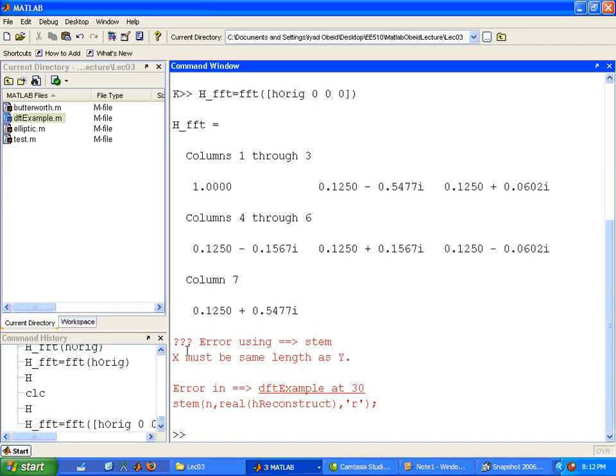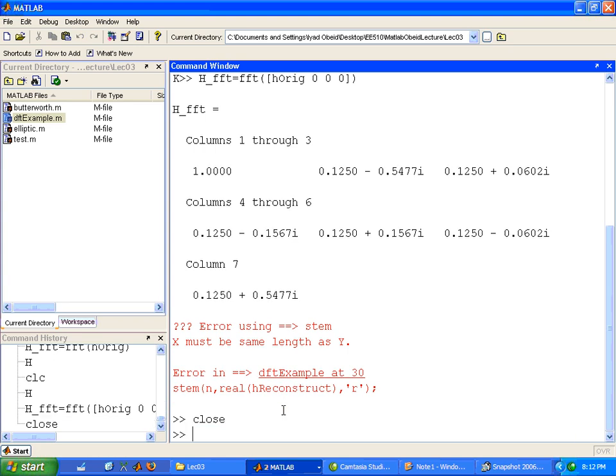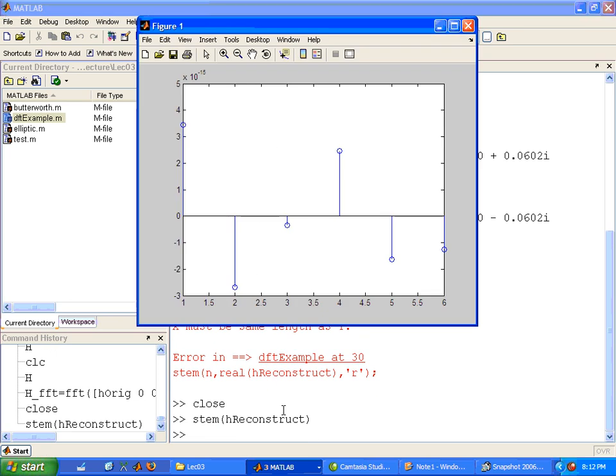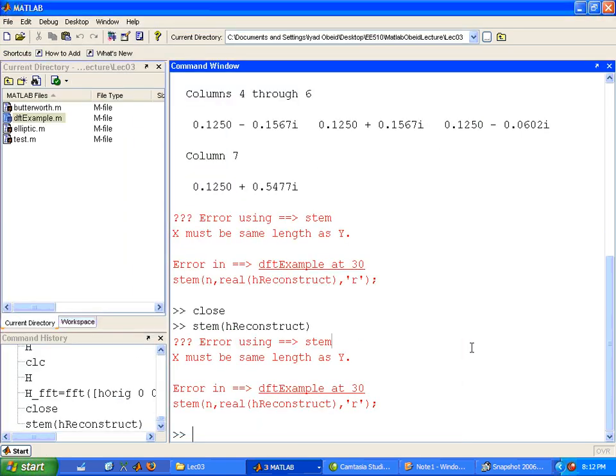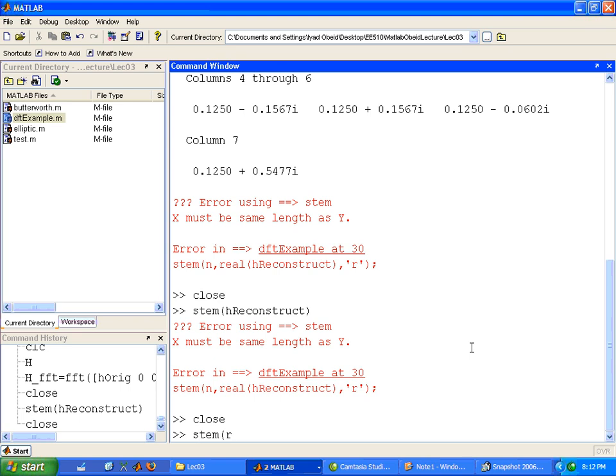Oh, it didn't like that, did it? Close, stem, page, reconstruct. So you're saying, let's see, I put this up at 7. Still didn't like it.